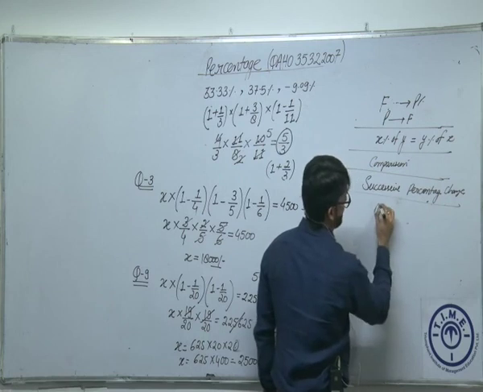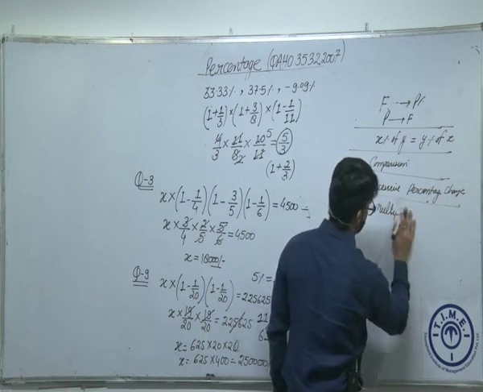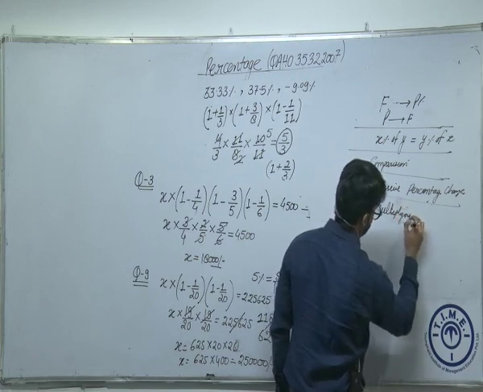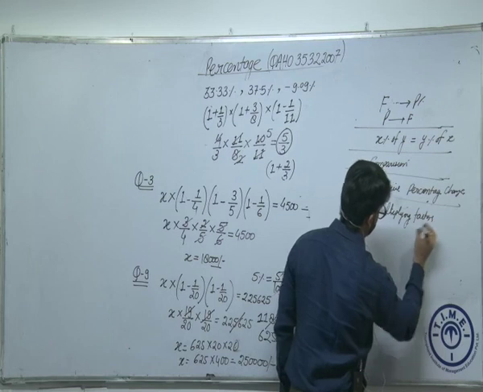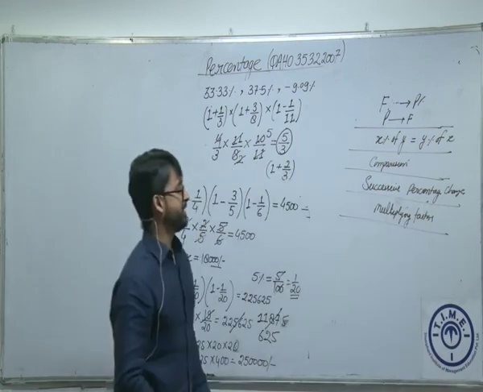Then multiplication factor. Fine. So chronologically, these were the useful things.